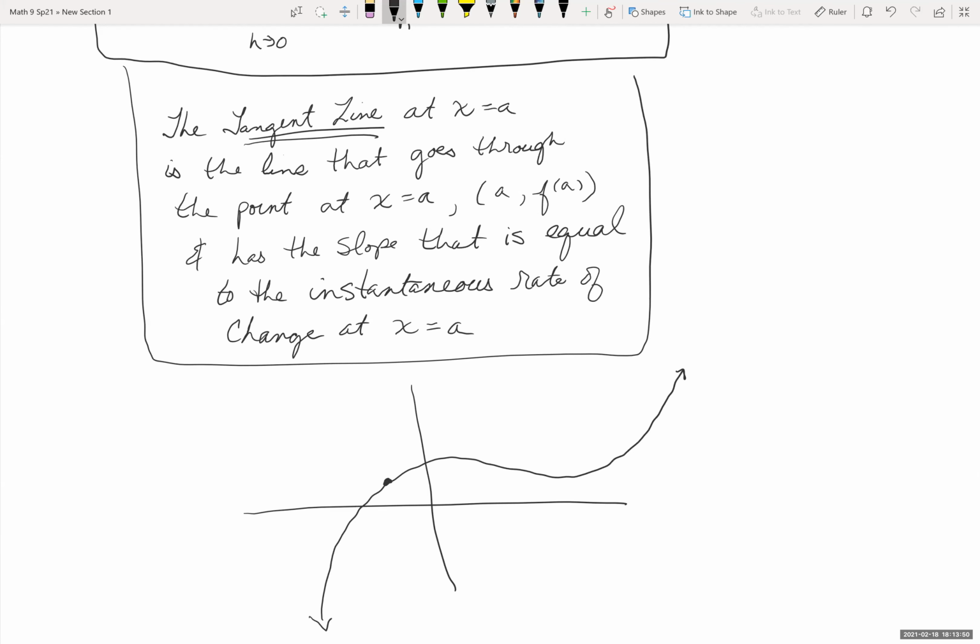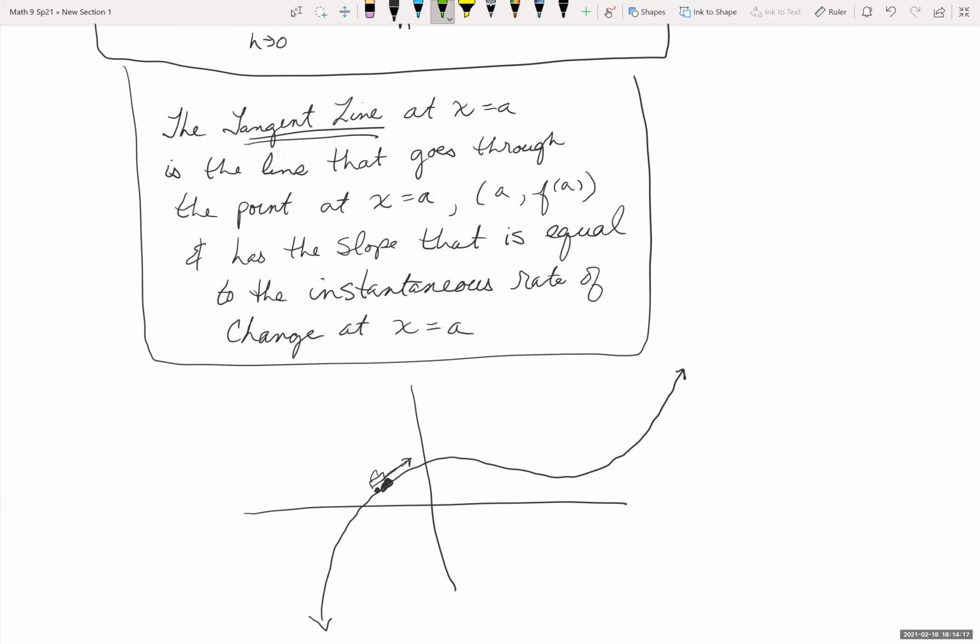I kind of think of it as, okay, if I was driving on this at night and I had my headlights on, what way would my headlights be pointing? So right here, my headlights would be pointing this direction. And so that's basically what the tangent line would look like at this point here.